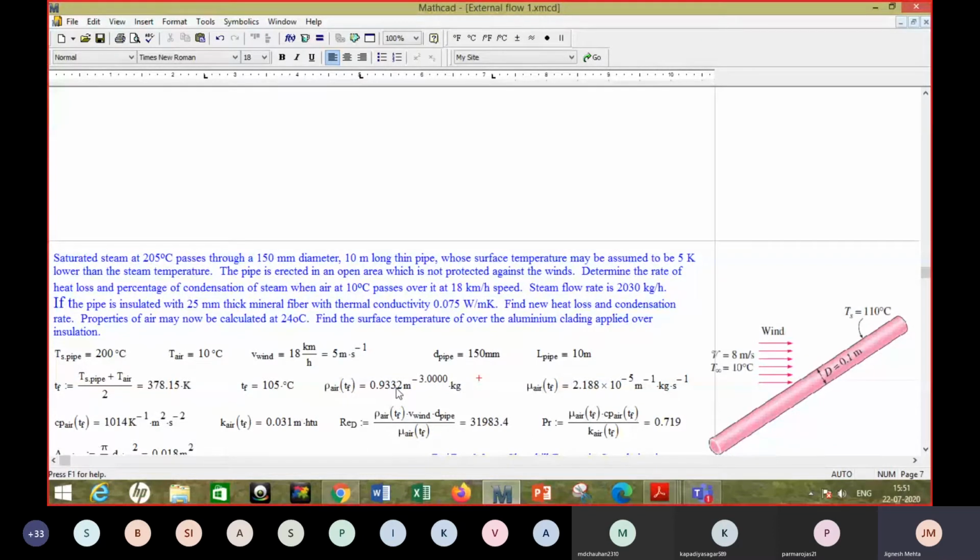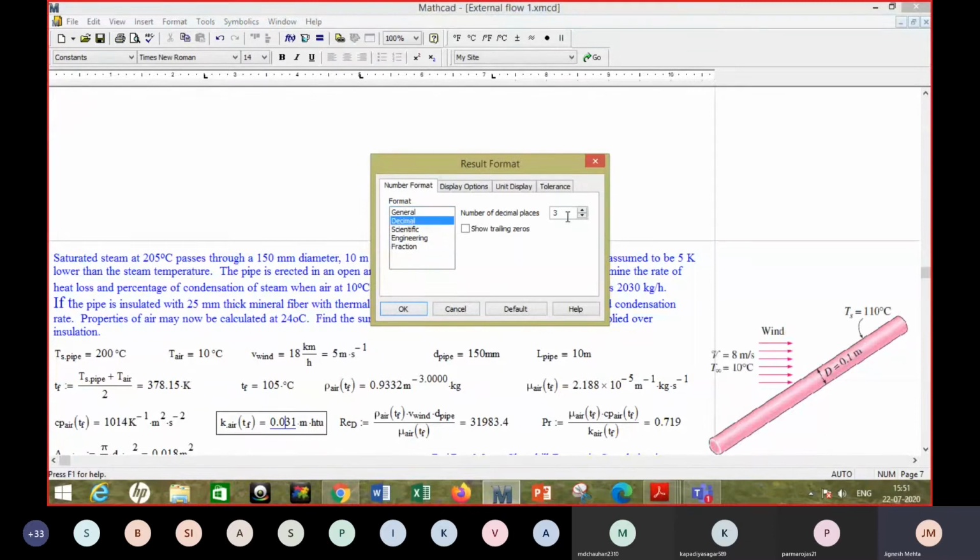You need not worry about minor differences. Then the viscosity, dynamic viscosity, what you should get is 2.188 into 10 raised to minus 5 kg per meter second, right? So that's the viscosity. Cp and K values are also listed down.